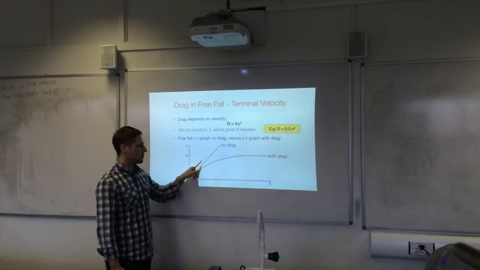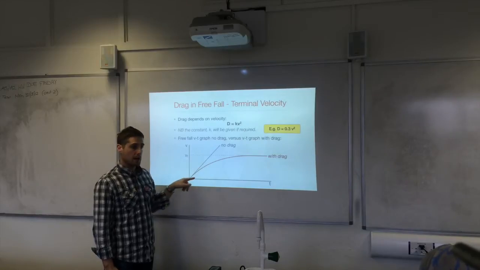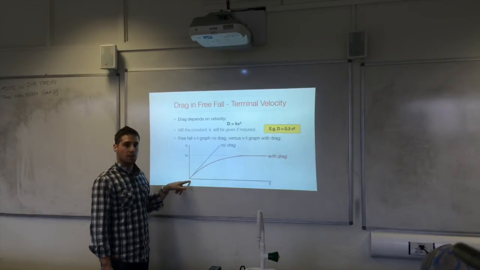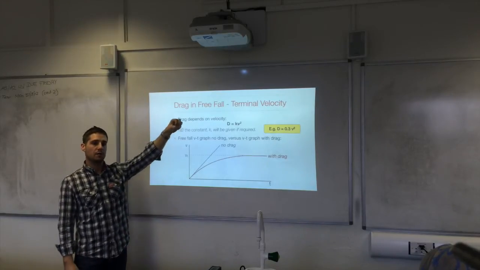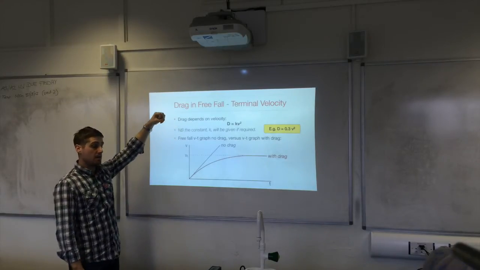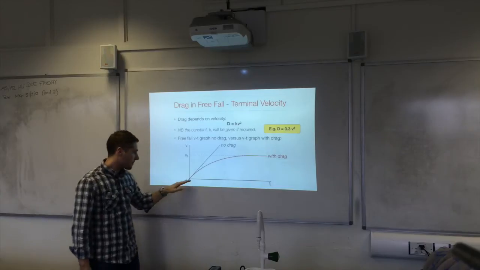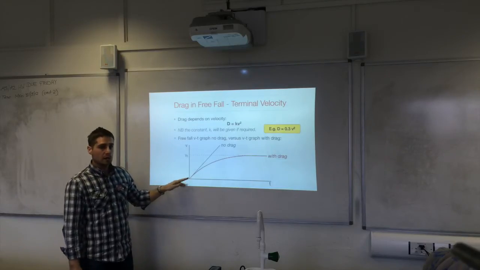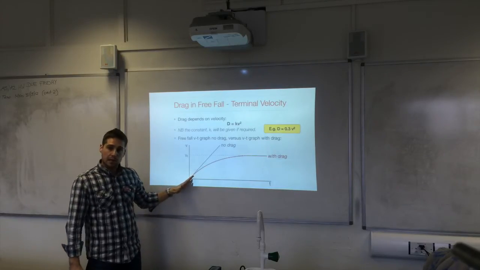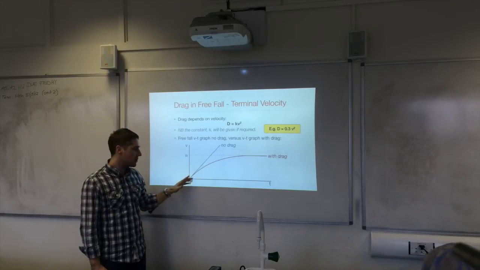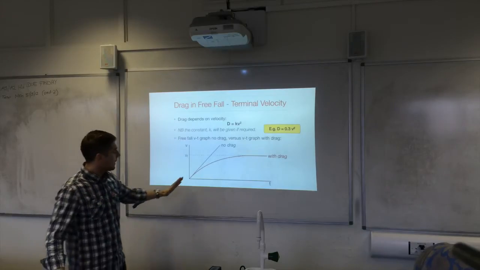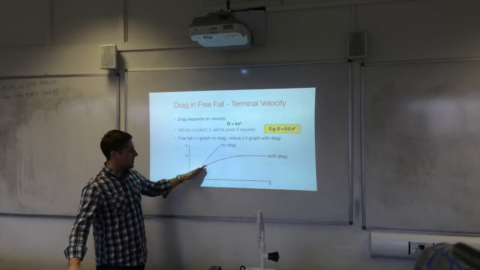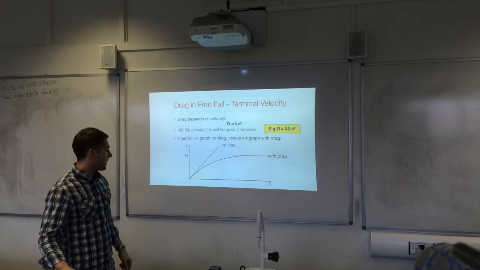The gradient is equal to the gradient of the no drag line immediately after jumping from the aeroplane if it's a skydiver, or immediately from releasing the object if you're just free falling an object. That's because the gradient gives you the acceleration. So the acceleration immediately after release is equal to g, a equals g.